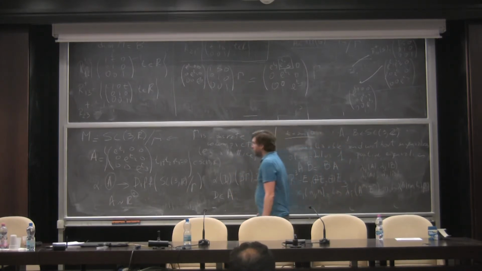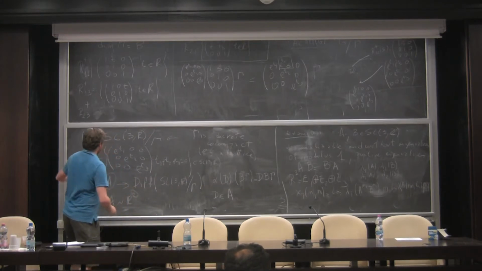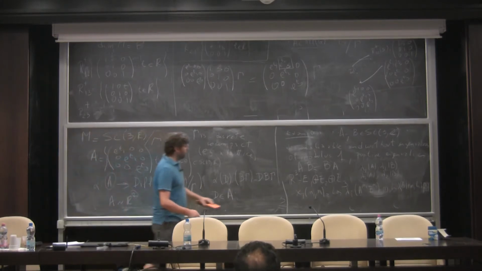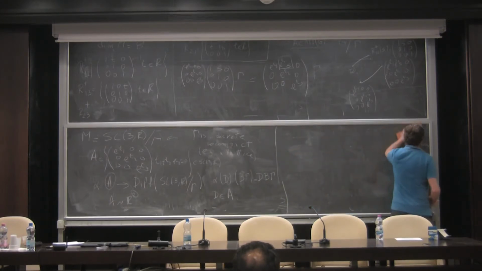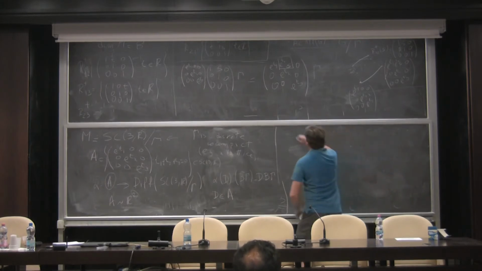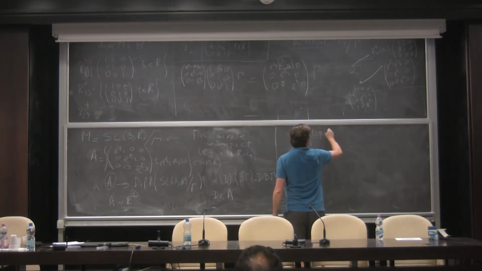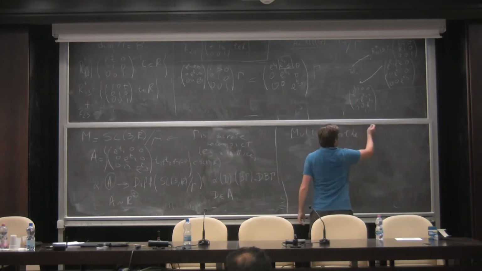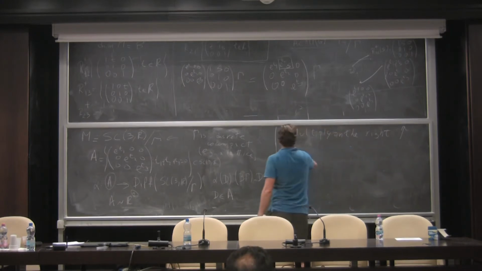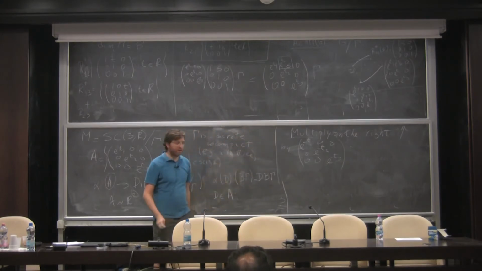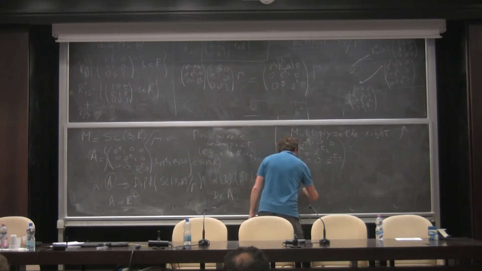We multiply on the right by the inverse of the guys that move forward, and what I get is the identity matrix here.